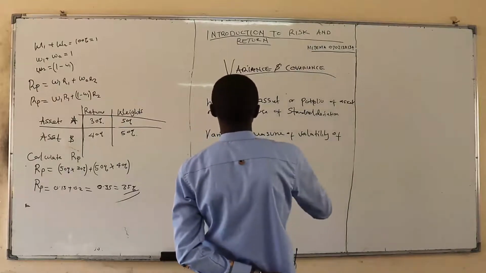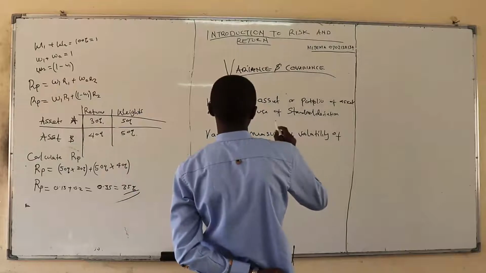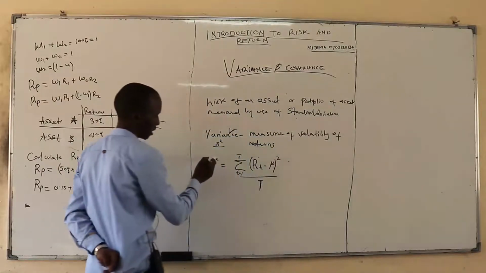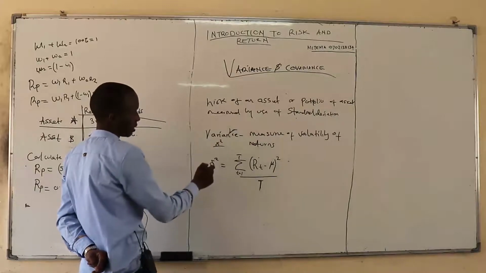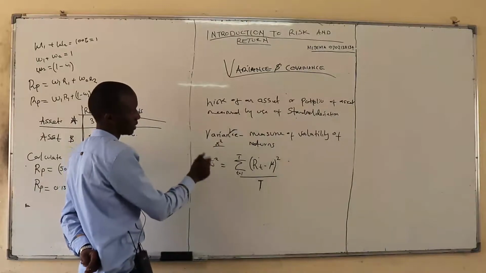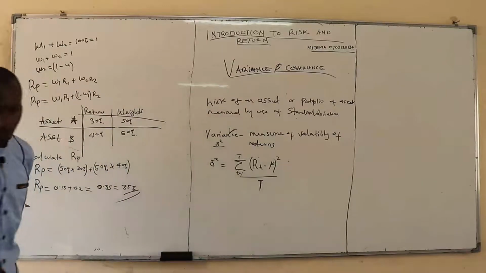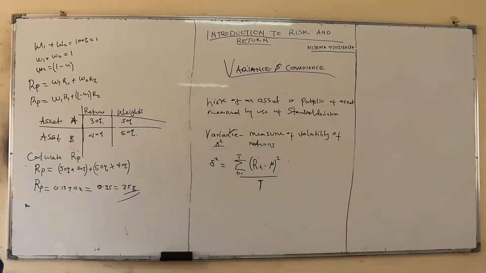In order for us to find the standard deviation, because this is the square of the standard deviation, we find the square root of this variance. So now the square root of the variance gives us the standard deviation. By finding the standard deviation, we have the risk of that portfolio of assets or the asset itself.